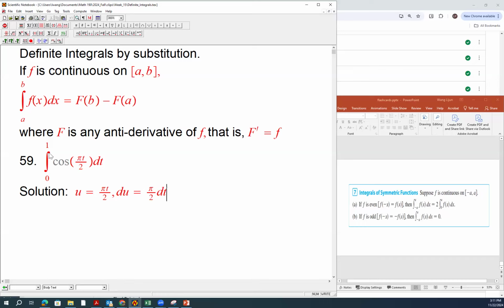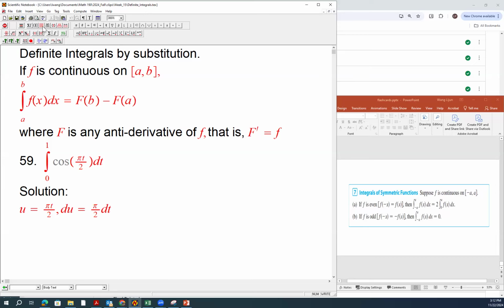Okay, so we're not only going to substitute the integrand, we are also going to substitute the lower limit and upper limit with respect to the new variable u. So for that, we will need to make a table. This is how the table will look.